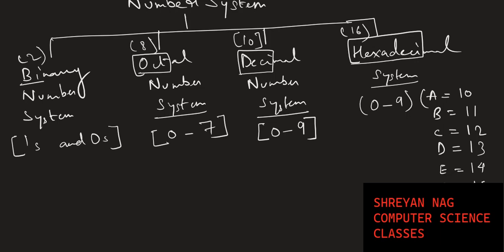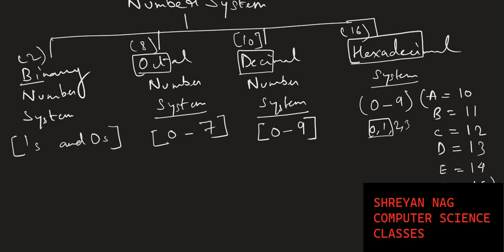So for 10, 11, 12, 13, 14, 15, we cannot use them as written in digits, since 10 would be 1 and 0, a repetition of digits already used. So basically, since we cannot do that, we have to make a difference of symbols.